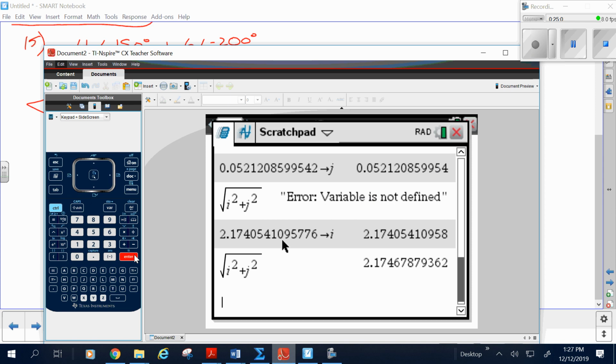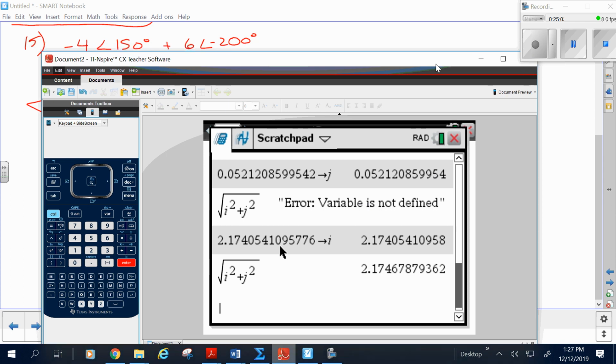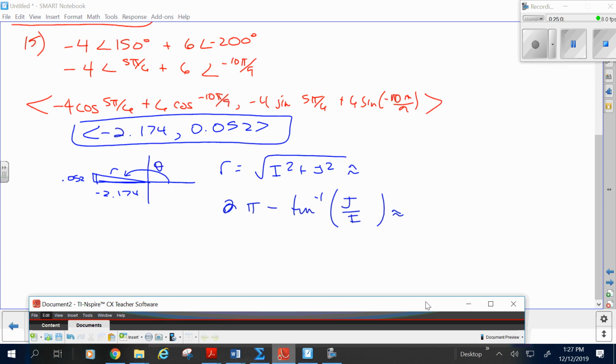Did you get 2.174? I assume. 2.1746. And the angle, I don't know about the back of the book. The back of the book probably has it in degrees.